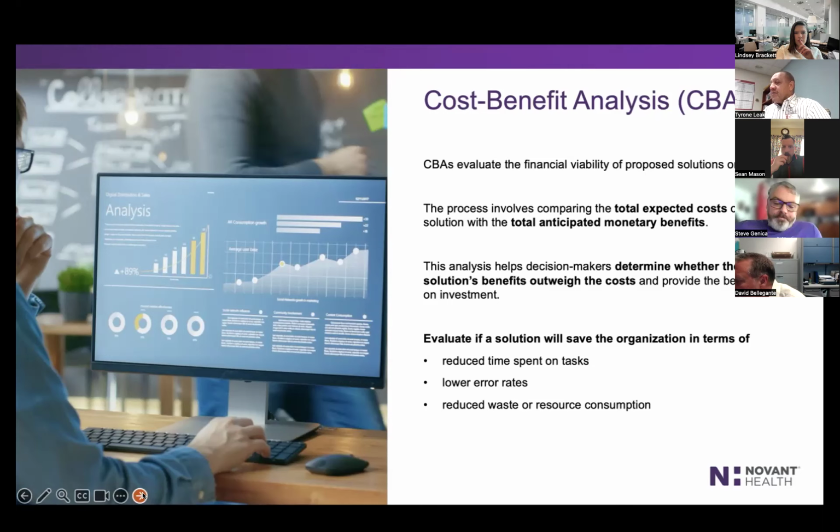There are other benefits associated, but in most cases we try to derive the cost benefit analysis to draw the conclusion of the total expected cost of a solution against the total anticipated monetary benefits. In doing that, we evaluate the solution by reduced time spent on tasks, lower error rates, and reduced waste and resource consumption, some of the key primary areas that we evaluate.